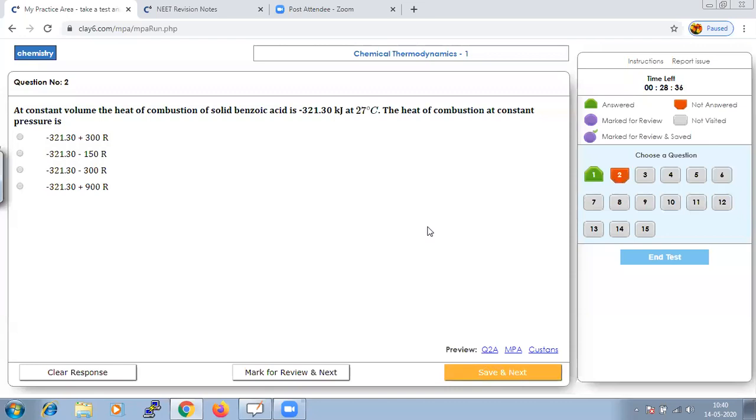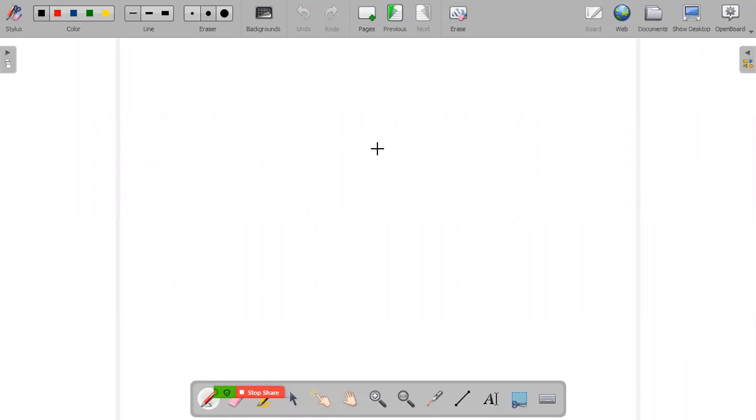At constant volume, the heat of combustion of solid benzoic acid is minus 321.30 kilojoule at 27 degrees, and we have to calculate the heat of combustion at constant pressure. Let me solve it. As I told you, the very first step should be to make a note of what is given in the question.